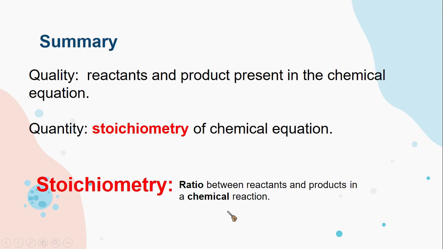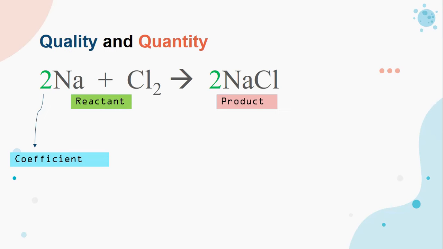Okay, now relate back to coefficient. A coefficient is the number that we put in front of a formula, like 2 and here 2. The 2 in Cl2 here is not a coefficient. This is called a subscript. The subscript we do not put there, but it is already there, like O2, Cl2, H2.